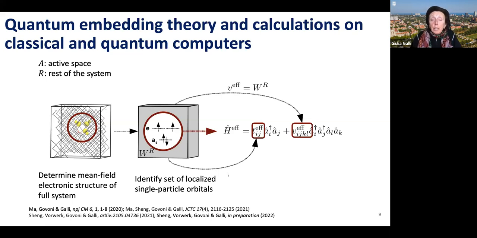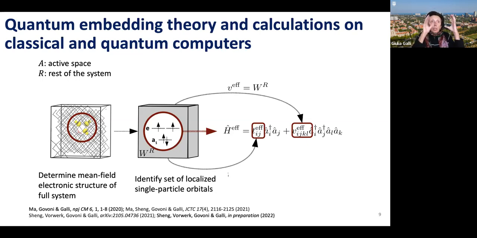And if we do this, we can build an effective Hamiltonian in second quantization, this is an operator here, with terms, this T single particle and multi-particle V, with terms that take into account the solid.